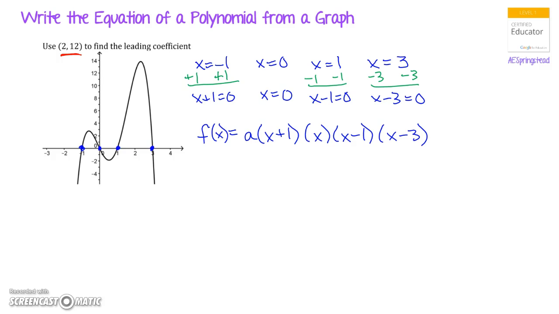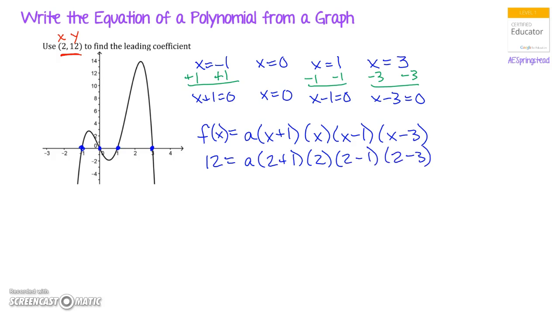So we know that the 2 here is going to represent the x, and the 12 is the y, but in this case we're using f of x, so I'm going to substitute 12 in for f of x. So I have 12 equals a times, and again x we just talked about is 2, so 2 plus 1 times 2, and then 2 minus 1, and 2 minus 3.